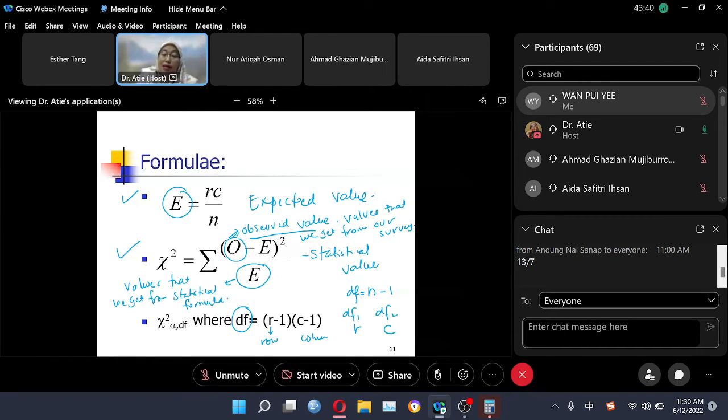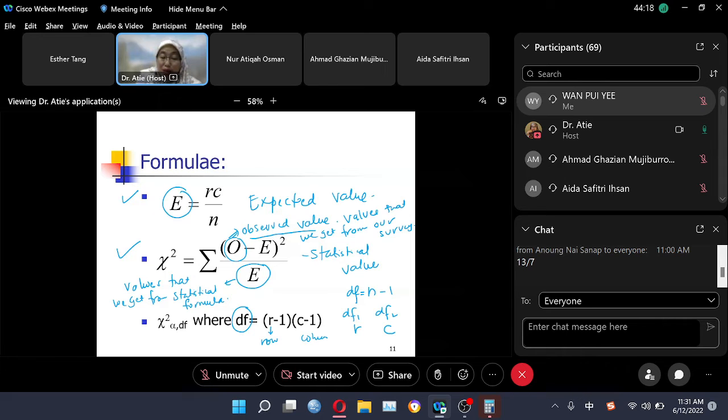Our purpose for doing this chi-square test is that we want to compare whether what we get is agreed by the statistical formula. If whatever we get from our survey is not far away from what is expected by the statistical formula, it means that our survey findings will be okay. So that's what it means.